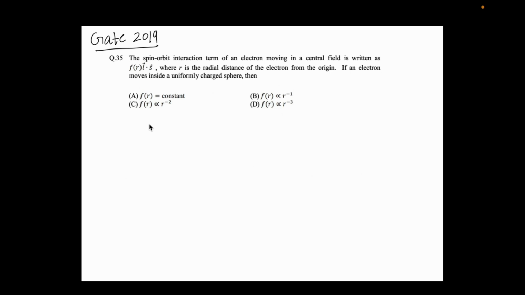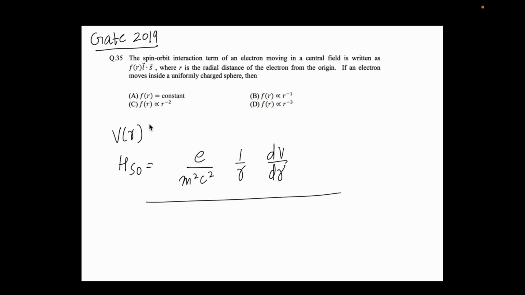Okay, so let's start. If you have any sort of central potential as a function of V of r, your spin orbit term is basically e by m square c square times 1 by r dV by dr. There must be some factors over there, but we are mostly interested in the dependence on r. So this is the term which is more important to us.